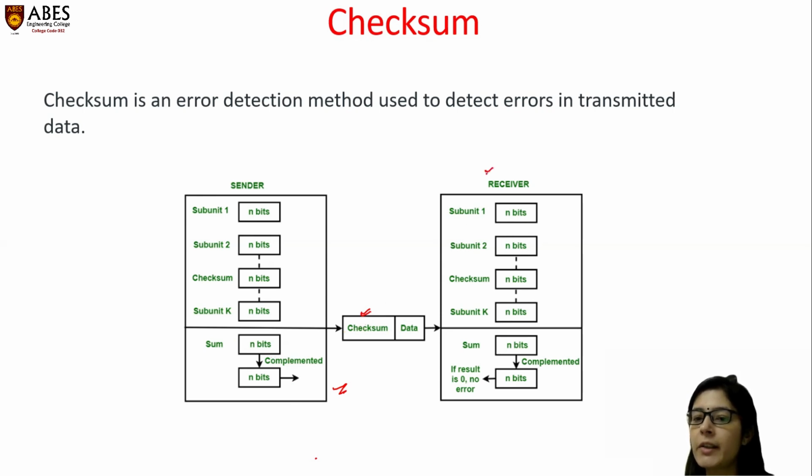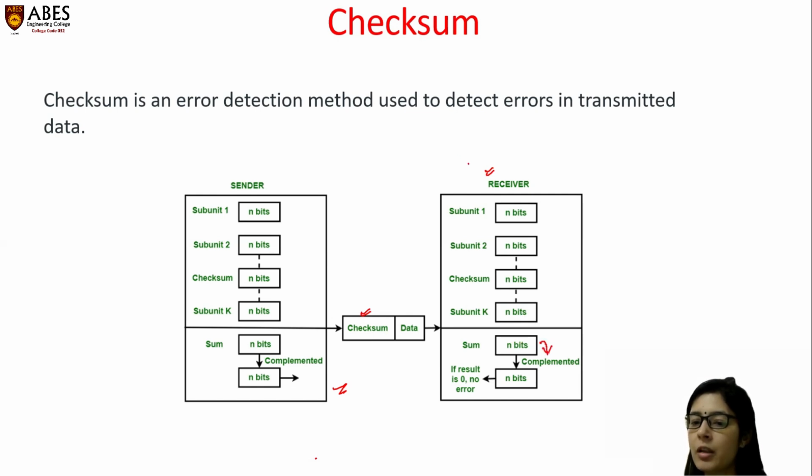Now at the receiver's end, upon receiving the data with the checksum, the receiver will follow the same steps. The receiver will sum these subunits along with the checksum using the one's complement sum method, and then after getting the sum, the receiver will complement it.